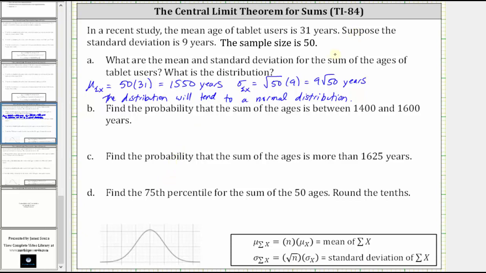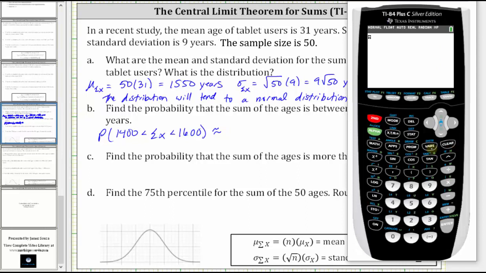For part B, we're asked to find the probability that the sum of the ages is between 1,400 and 1,600, which is the probability that the sum of x is greater than 1,400 and less than 1,600. And now we go to the TI-84, press second vars for the distribution menu, option 2 for normal CDF.